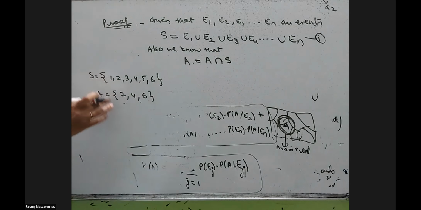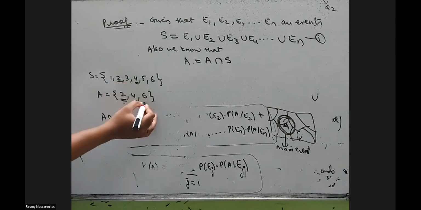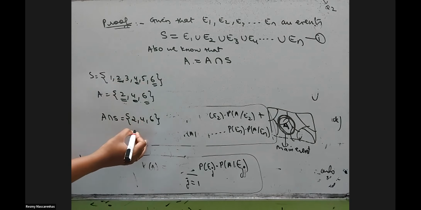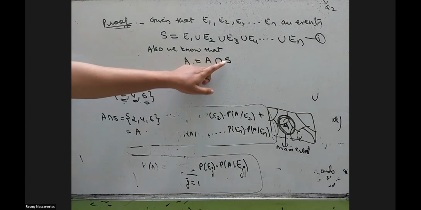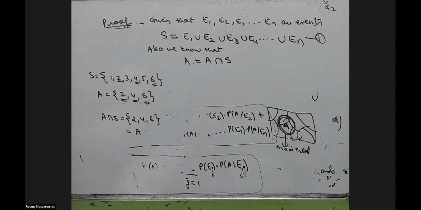Now I want to find the intersection between them. I want to find what is A intersection S. So which are the common elements? 2, 4, and 6. We'll get the same thing. So for any event you take the intersection with the main sample space, you'll get back the same thing again. Any sample space you have and any event which is a subset of this, you take an intersection, you will get back A only.